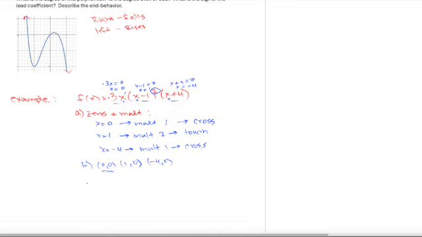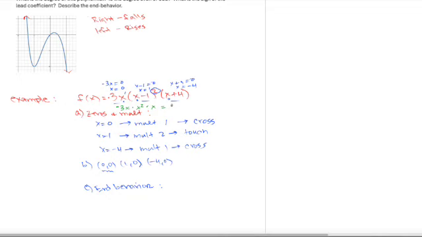So now let's think about the end behavior. If we're talking end behavior, this is where I want to identify the degree and the sign of the lead coefficient. So the lead term, remember, we want to visualize this completely being multiplied out. So we would be multiplying a -3x to an x to the second power to an x to the first power.